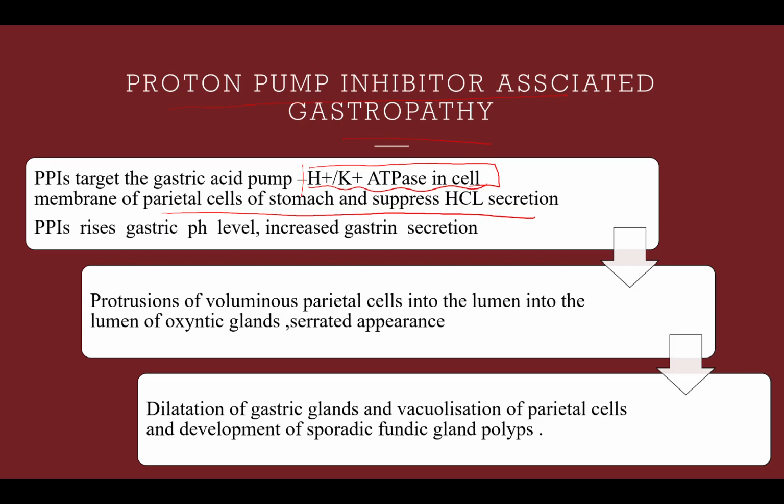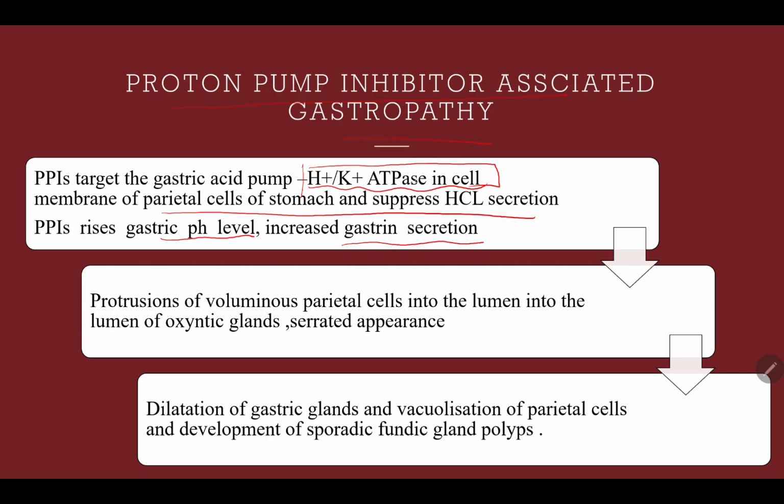So what happens is that when the patient is on proton pump inhibitors, the gastric hydrochloric acid is suppressed, the gastric pH rises, and there is an increase in gastrin secretion. This causes the protrusion of the parietal cells.